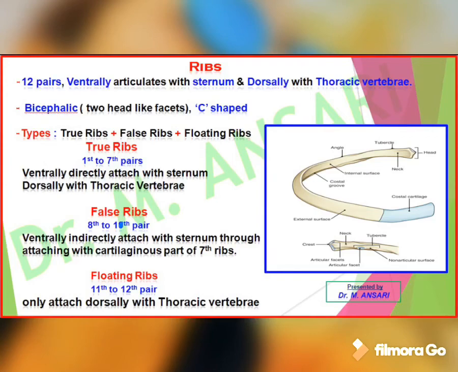These ribs ventrally attach indirectly to the sternum through the cartilaginous part of the 7th rib and dorsally attach with thoracic vertebrae. The last 2 pairs, that is 11th and 12th pairs of ribs, are called floating ribs. These are very small in size and only attach dorsally with thoracic vertebrae.